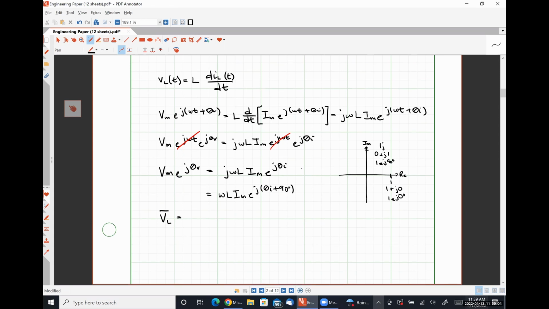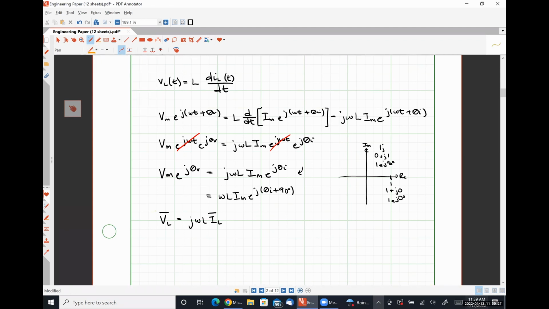Then if we're looking at this top representation here, this looks like j omega L times my phasor current IL, where my phasor current is simply Im e to the j theta I. So that's my frequency domain relationship for an inductor.